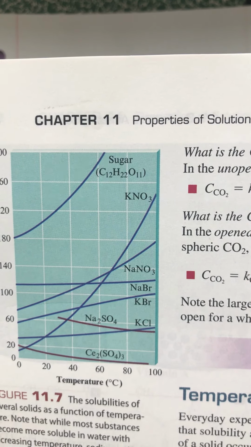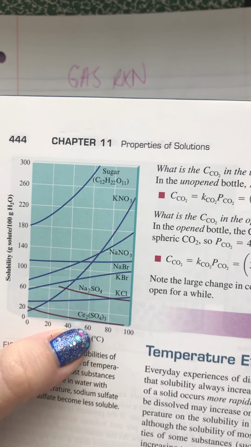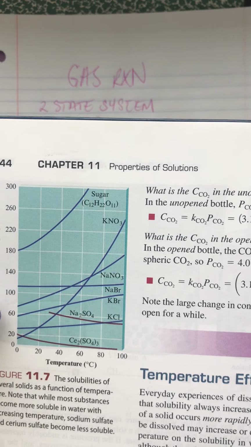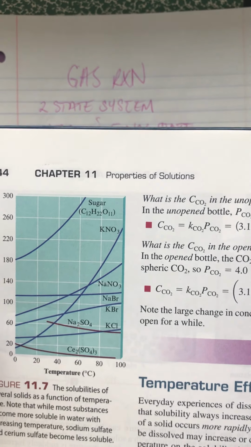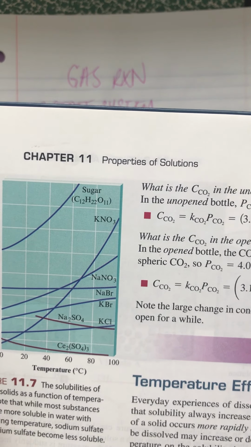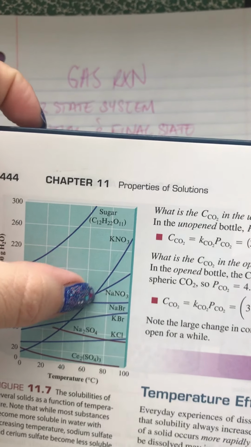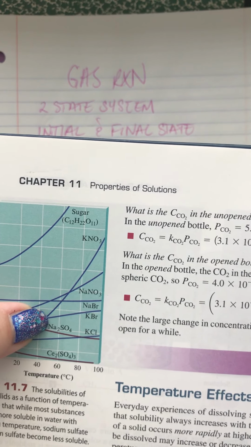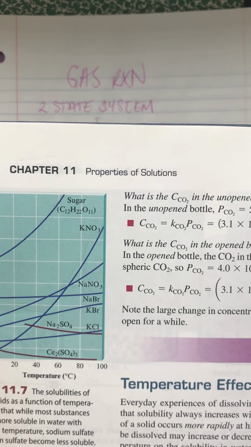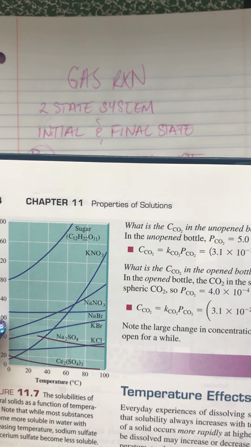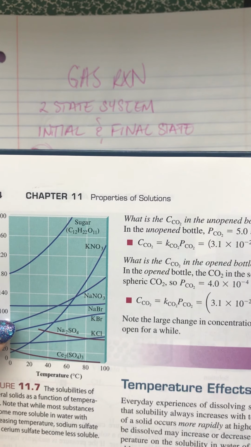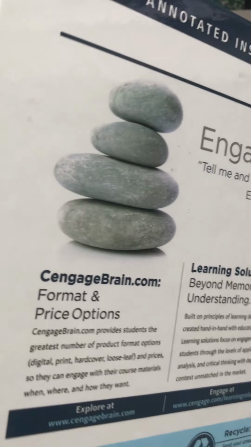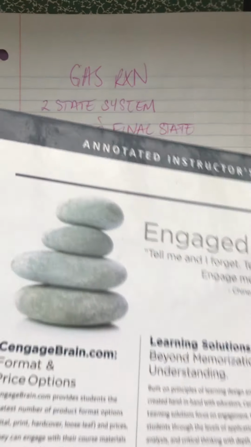Oh, saturated, my bad. If you're looking at this line, which comes to 50 degrees right around here, it's saturated. That's really, really close. So that would be a hard one. I wouldn't give you that on the exam.